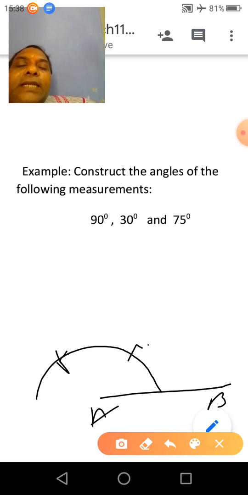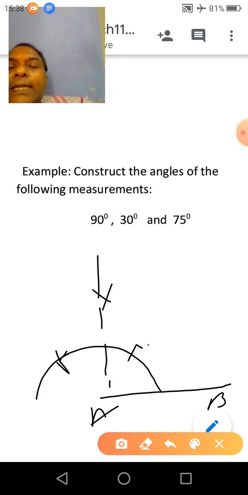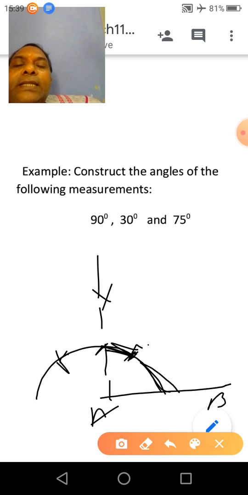Now bisect this portion, then this will be 90 degrees, clear. It means this portion is 30 degrees and this portion is 60 degrees. So you have to bisect this portion, clear.